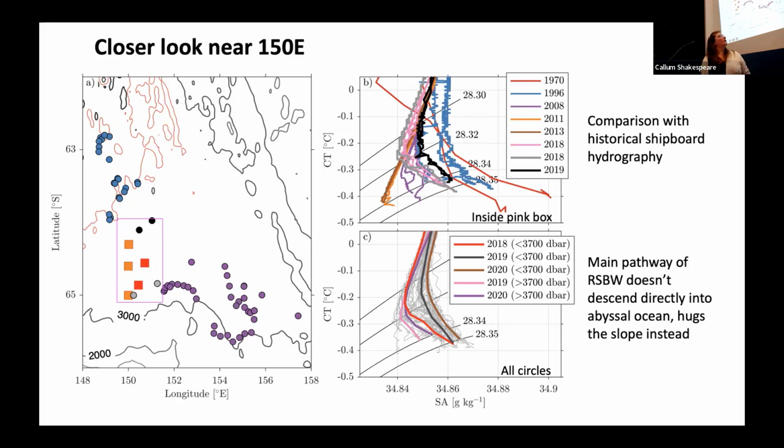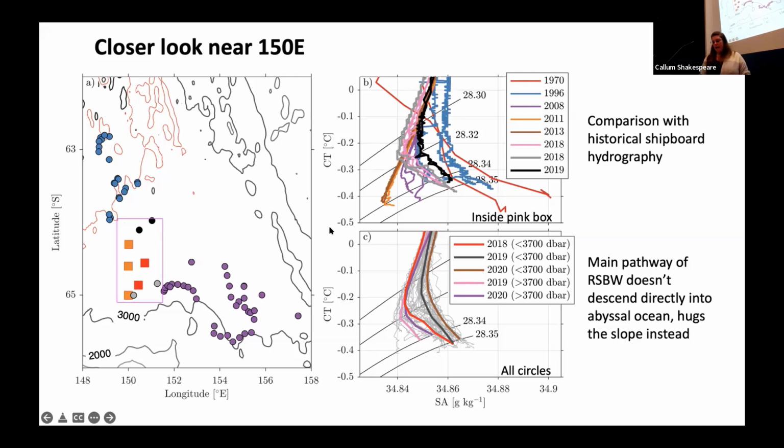The colors are the shipboard data, and you see the return of this strong characteristic Ross Sea salinity maximum at depth. And then the gray and the black are the deep Argo float profiles, as close as I could get, so in that box as well.